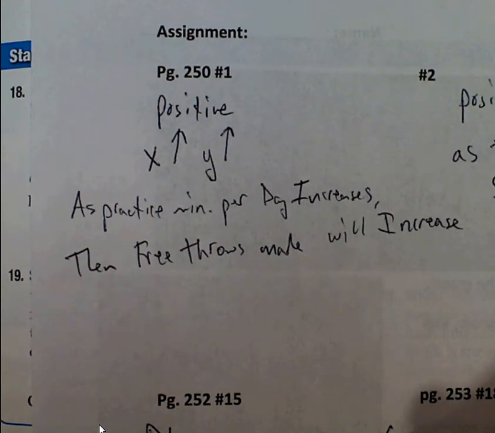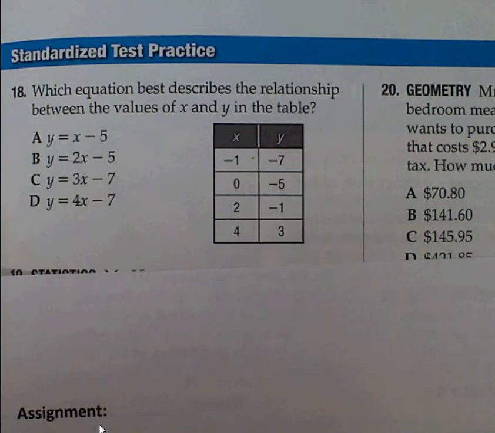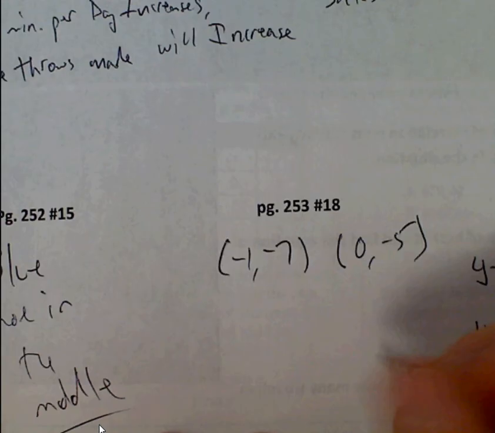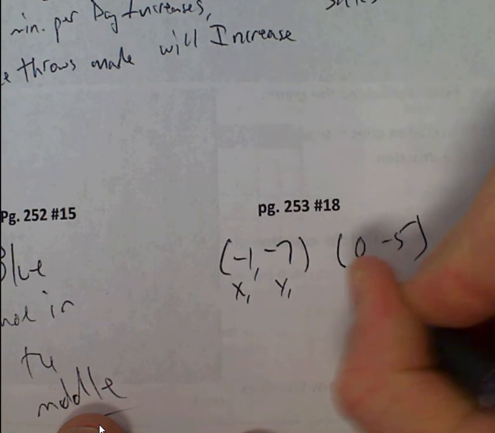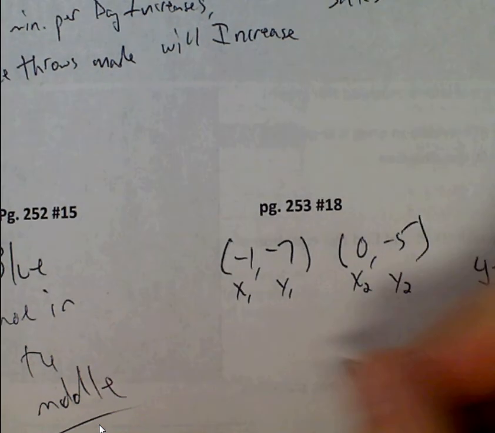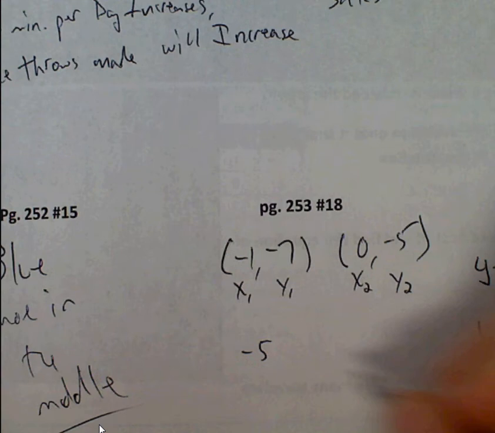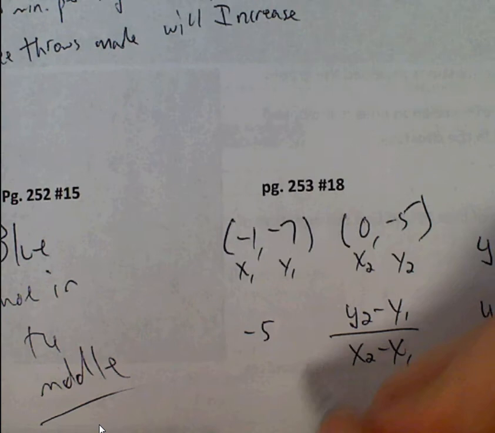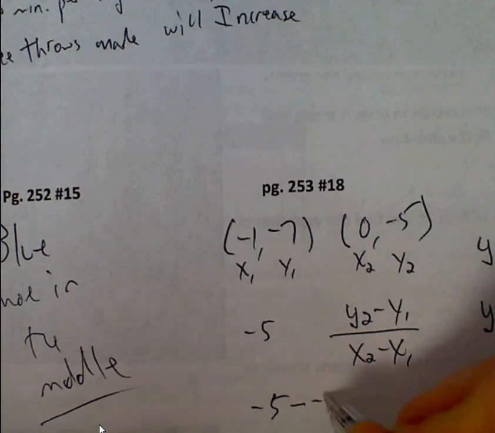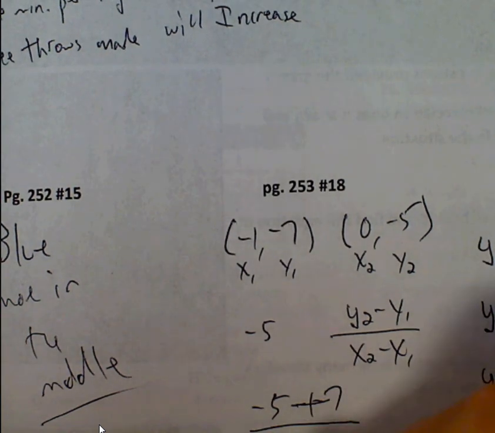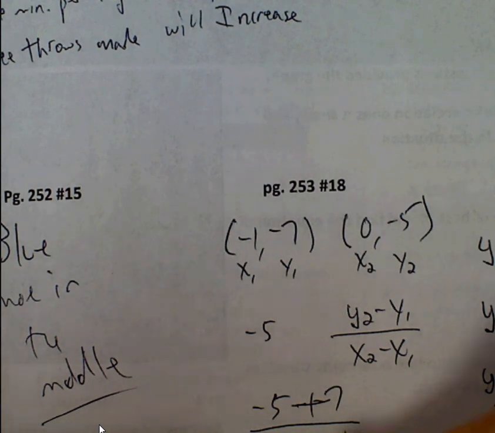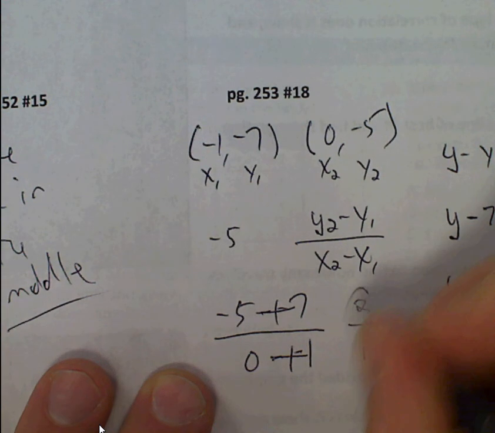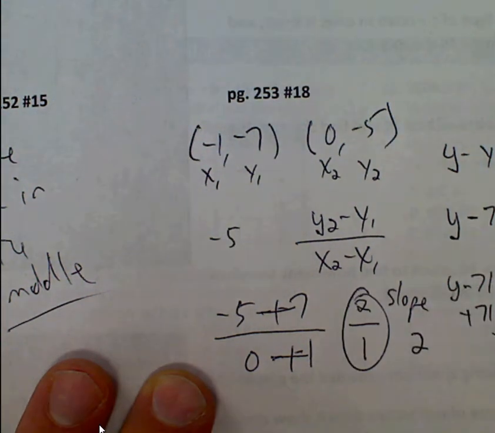I would use -1, -7, and then I would use 0, -5. There are my 2 dots, x1, y1, x2, y2. I need to find slope. Slope is y2 minus y1 over x2 minus x1. So -5 minus -7 over 0 minus -1. My minus negative becomes a plus, so this is really 2 over 1. So I know my slope is 2.